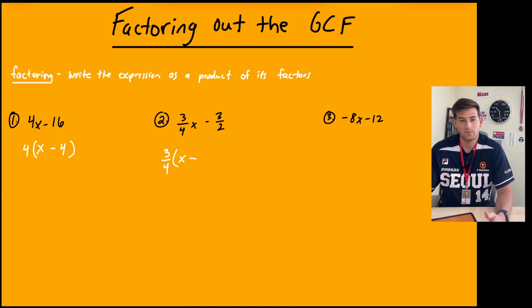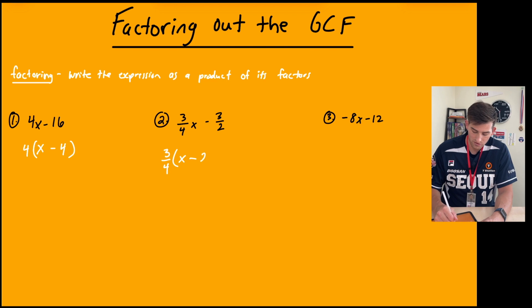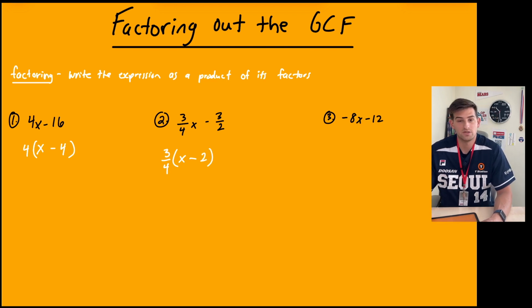So what denominator of a 4 would be the same as 3/2? Well, that would be 6/4, right? Because if I reduce that, 6 divided by 2 is 3, and 4 divided by 2 is 2. So let's multiply by 2, right? 3/4 times 2 would be 6/4, and that would reduce to 3/2. So that would be our factorization for number 2, 3/4 times x minus 2.